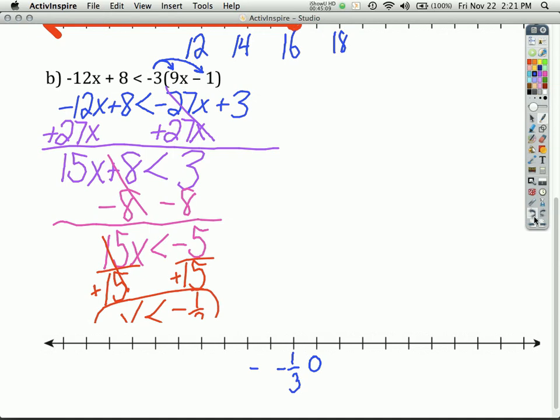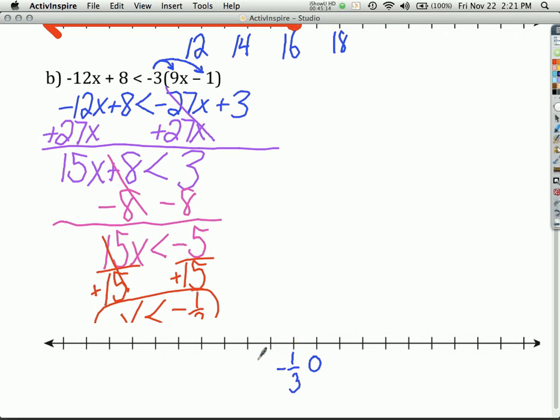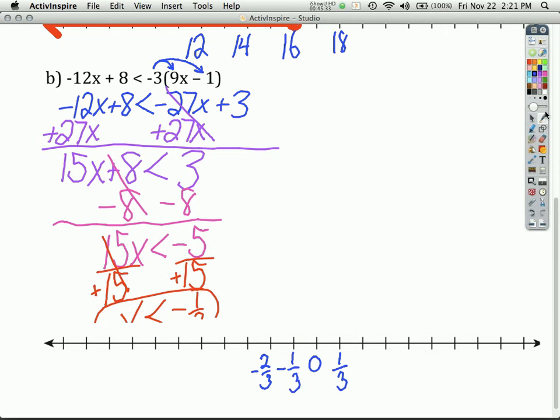Now, it does so happen that 1/3 going this way is 0, but 1/3 going that way is negative 2/3. And then going another third this way would be positive 1/3. And so now I have an appropriately labeled number line. Again, the point is the interval has to be the same throughout the entire number line.